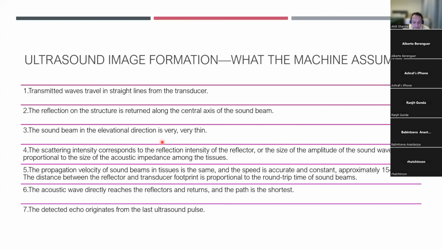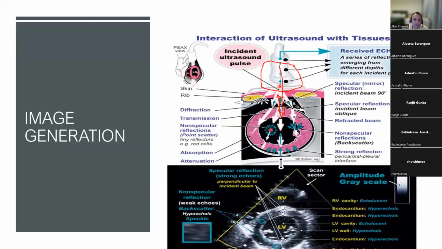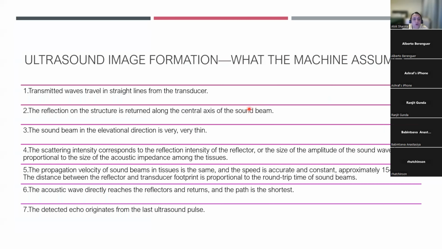As you can see in the previous image, the sound wave moves forward, reflects back in an elevational direction, and follows the path that is shortest. It forms the central axis of the sound beam. Now, this is thin, this is in a certain direction.